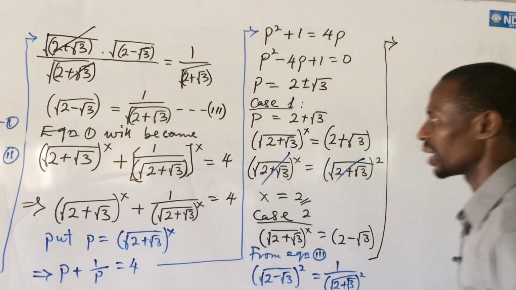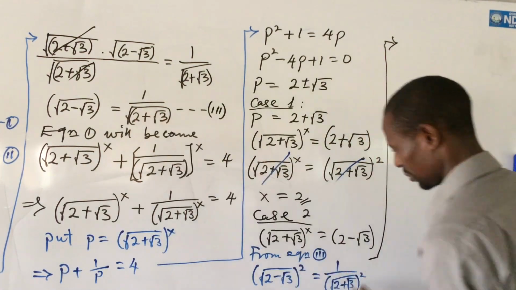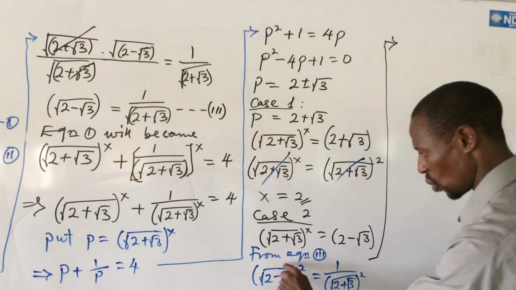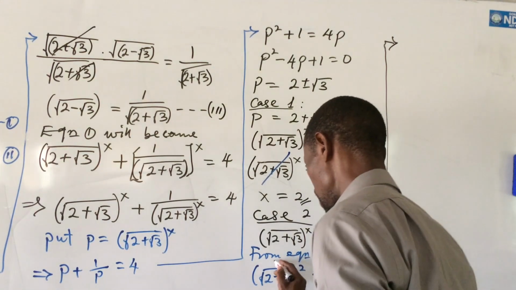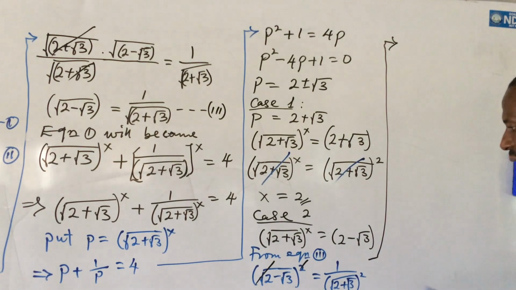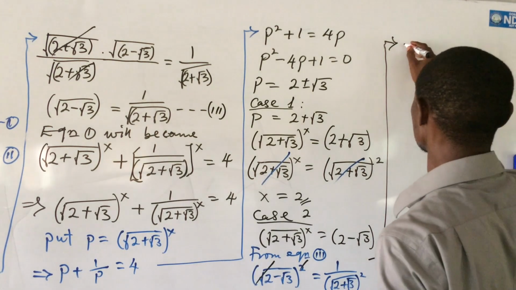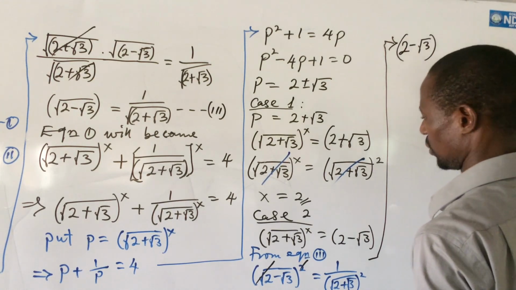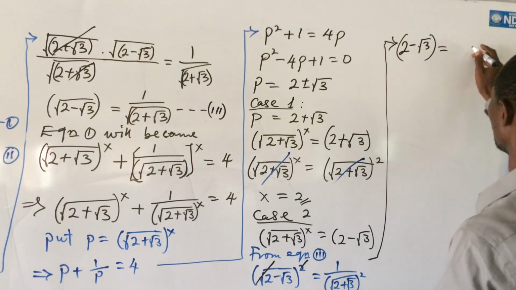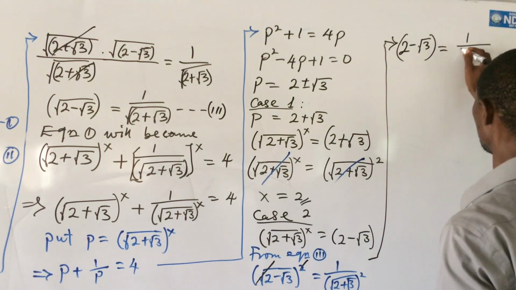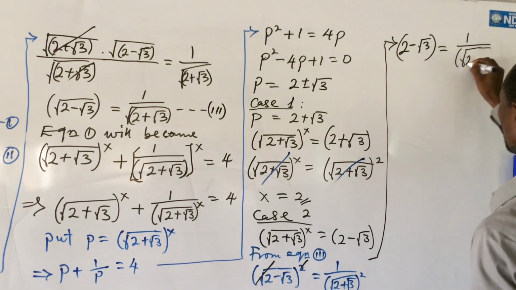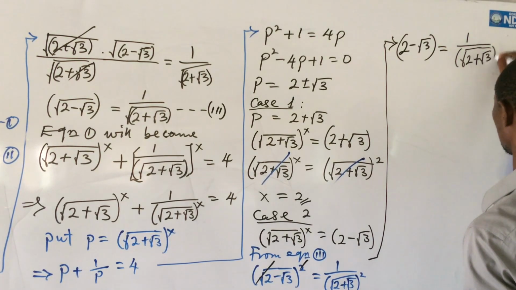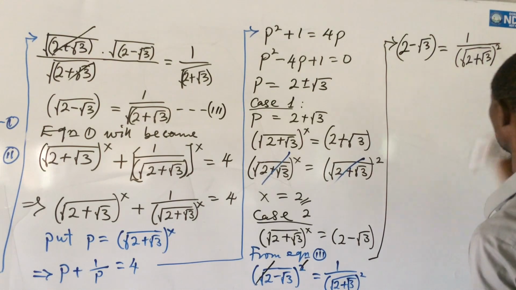From equation 3, we just square this to eliminate this. So this will now take care of this. We now have the left hand side to be 2 minus root 3 equal to 1 all over bracket root 2 plus root 3 close bracket all squared.